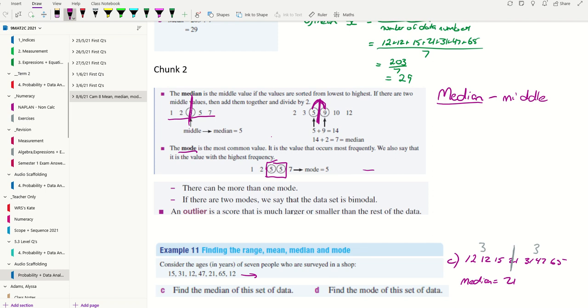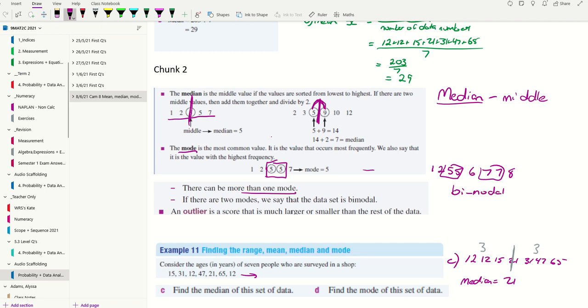Now it's important that we can have more than one mode, which means we can have more than one number being the same number. So if I were to change that list to 2 5 5 6 7 7 8, then we'd have 2 5s, we'd have 2 7s, and this would be bimodal.